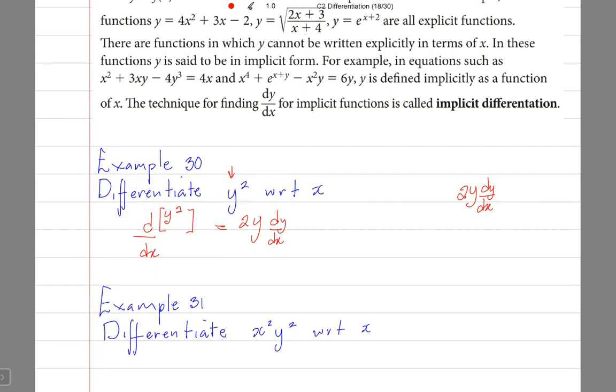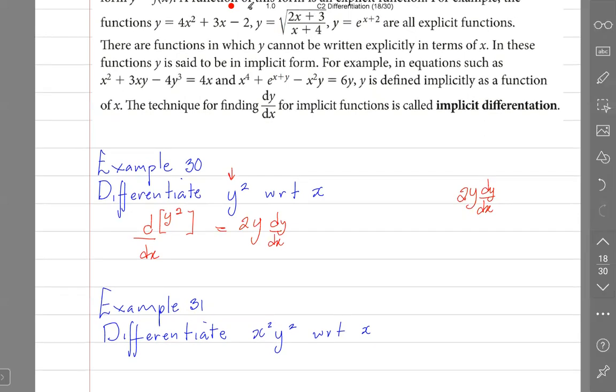Sir, how comes we have 2y dy by dx and not just 2y? Because when you differentiate the inside function, which is y, please remember, you're not differentiating y with respect to y. You're differentiating y with respect to x.